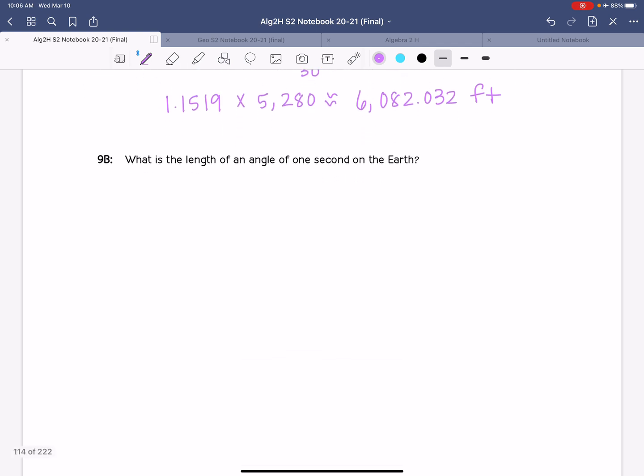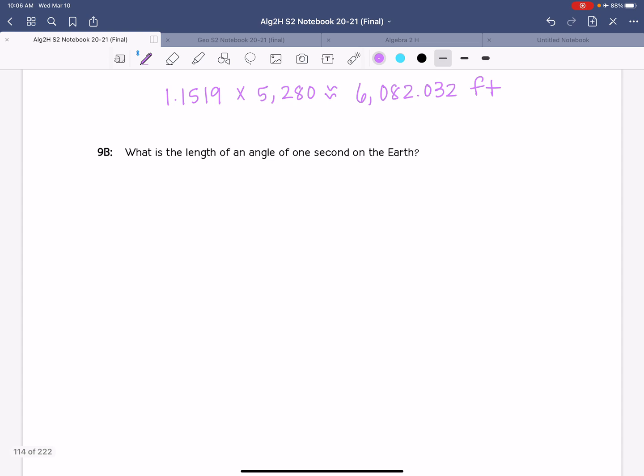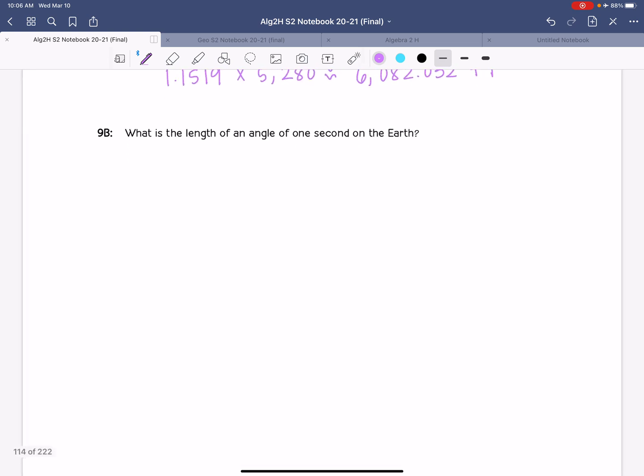Okay, what is the length of an angle of 1 second on Earth? Go ahead, pause the video and see if you guys can do this by yourselves. You should be able to, because it's pretty similar to what we just did. Instead of a minute, a second. All right, so we have theta is equal to 1 second.